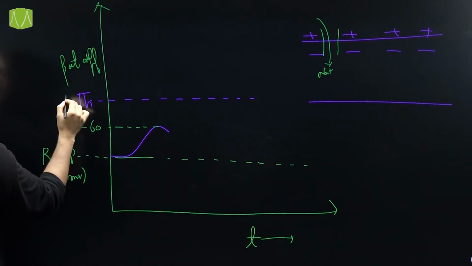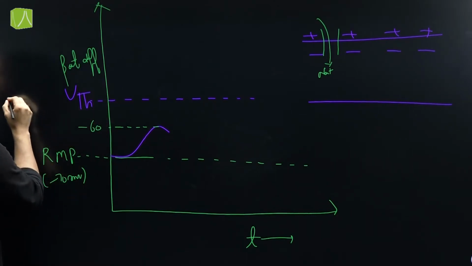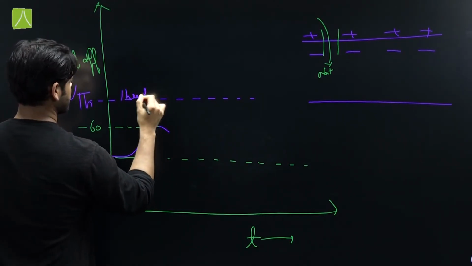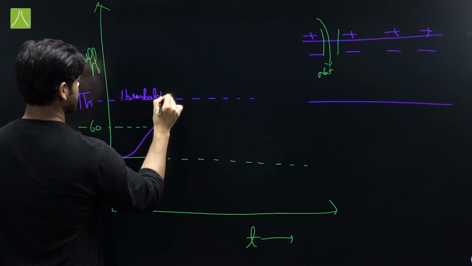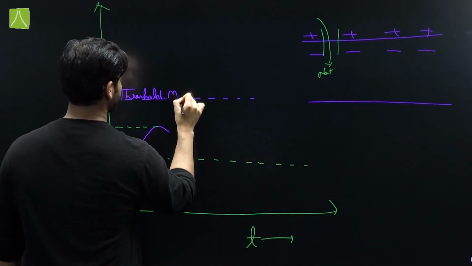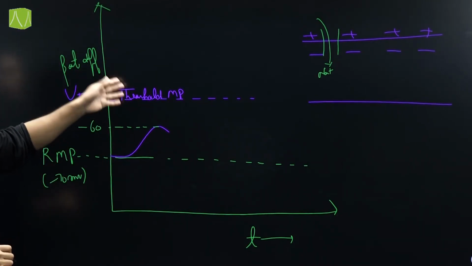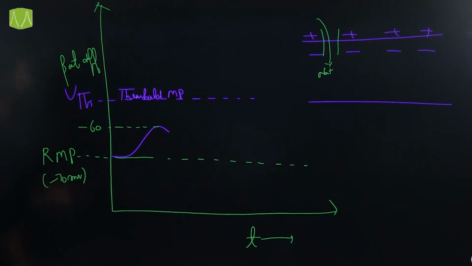So we can say it is V threshold or threshold membrane potential. When the resting membrane potential goes up to threshold or higher, the conduction will happen.